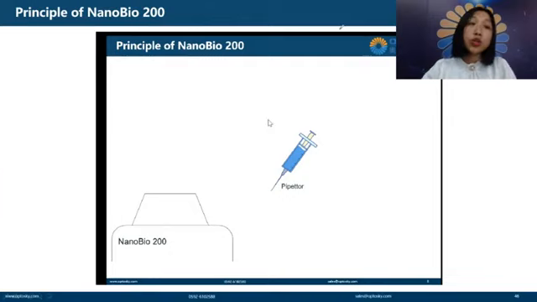So in order to show you the principle of the Nanobio 200, we made a flash. Okay, this flash cannot work. So let's change.